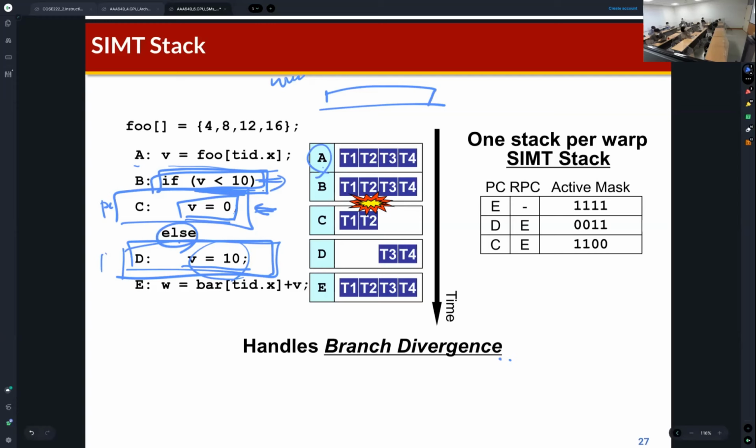So based on the condition, part of the threads can execute only one instruction, and another part of the threads can execute the other. After that comes the common statement, where the threads in the warp execute the same instruction.